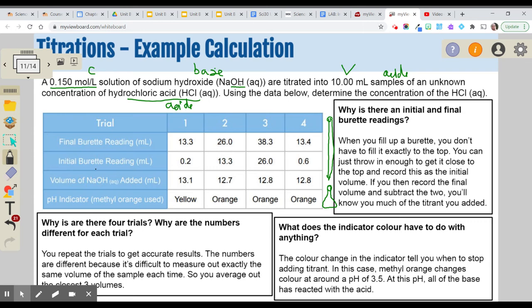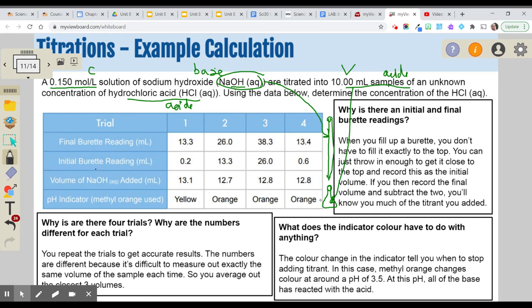I know the concentration of this base: it's a 0.150 solution of sodium hydroxide, so the sodium hydroxide is in my burette. And the acid sample of unknown concentration, 10 milliliters, is down below in my flask. Just so we understand where everything is. In this titration, you're going to be adding the base, sodium hydroxide, into the sample.